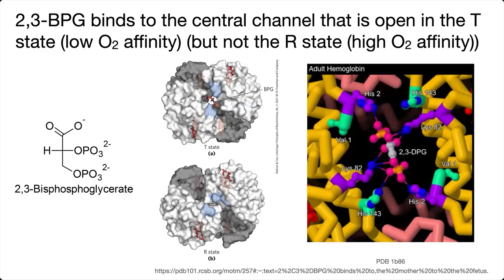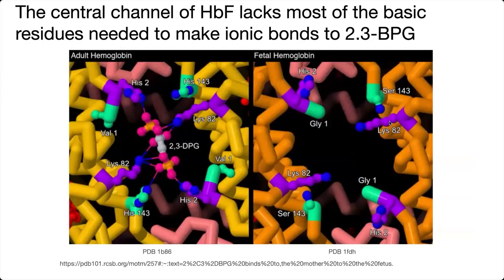So why is this? Well, it has a higher affinity for oxygen because it's got a lower affinity for the BPG. So BPG was binding to that central cavity of the adult hemoglobin through those salt bridges. Those salt bridges were involving amino acid residues from the beta chains. Those beta chains are not present in the fetal hemoglobin.